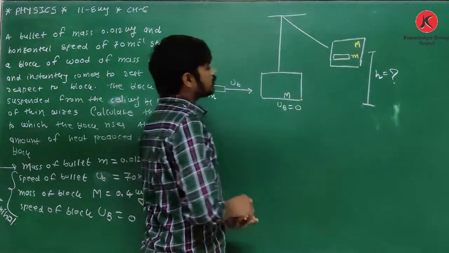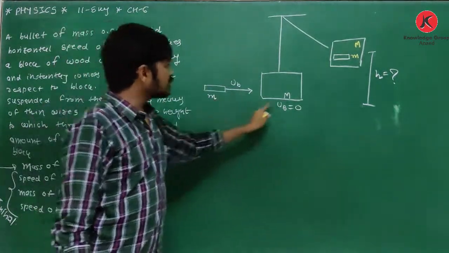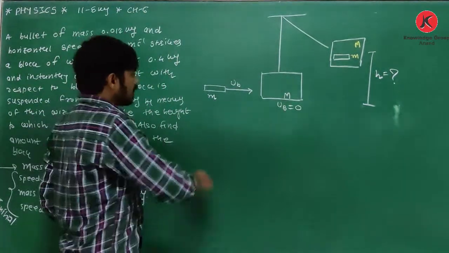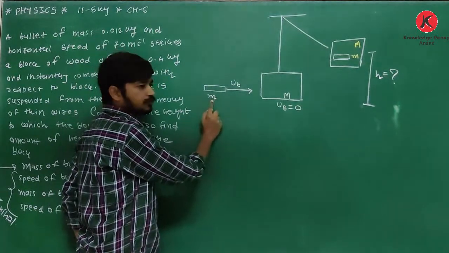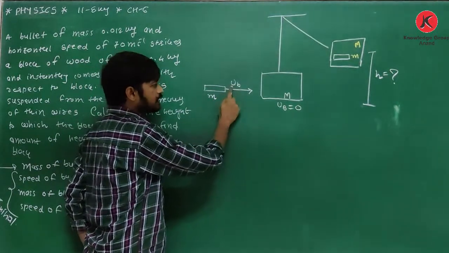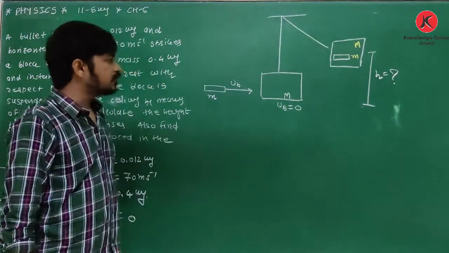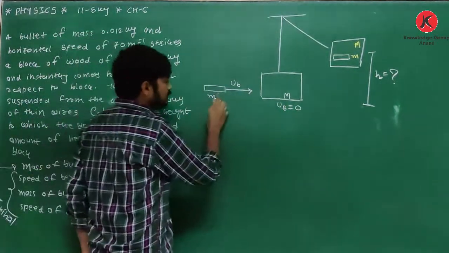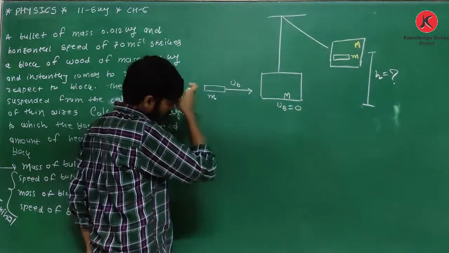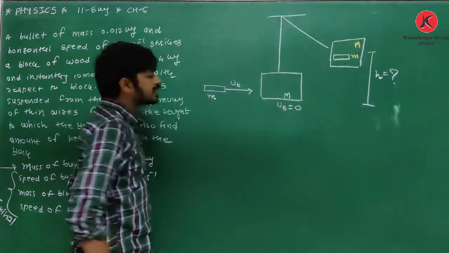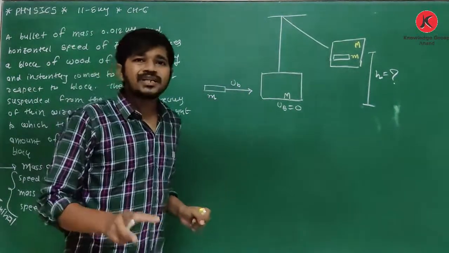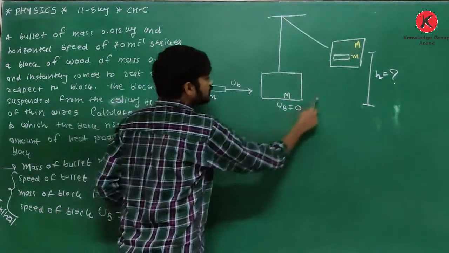Now how to solve this question? First of all, for the initial system, mass of bullet is m, its speed is ub, mass of block is capital M, its speed is ub. So after collision, when this bullet strikes the block, what is the speed of the whole system?